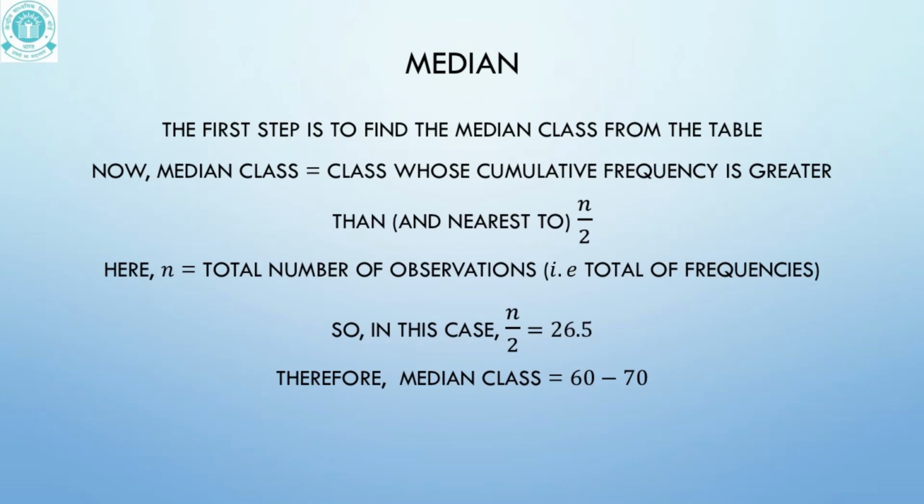Now, median class equals the class whose cumulative frequency is greater than and nearest to n by 2. Here, n equals the total number of observations, that is, the total of frequencies. So, in this case, n by 2 is equal to 26.5. Therefore, the median class is from 60 to 70.